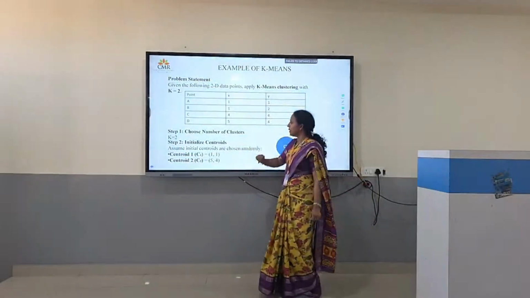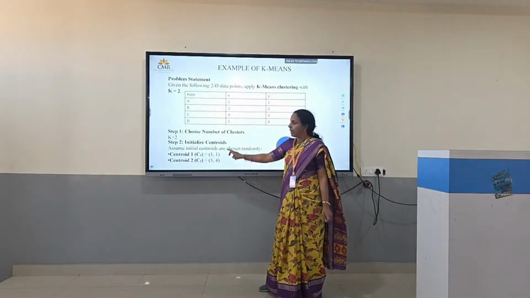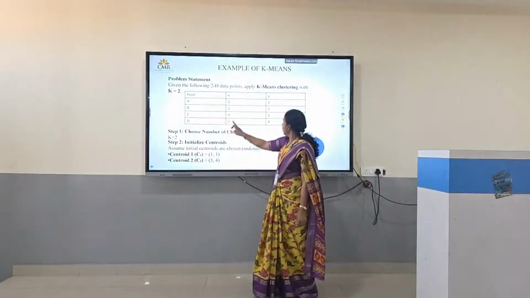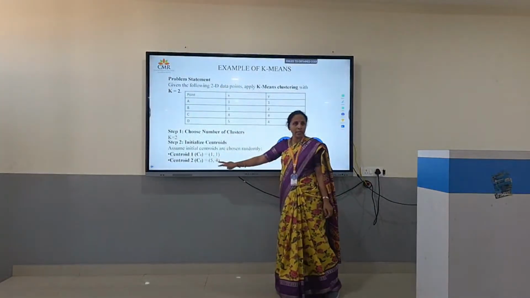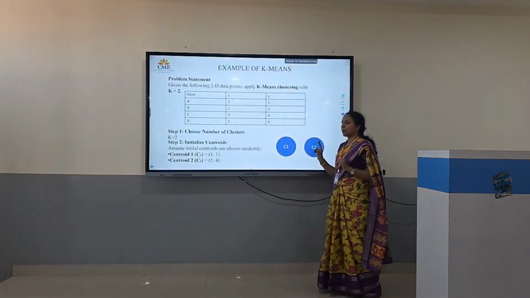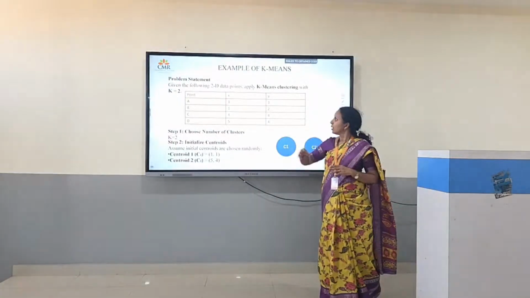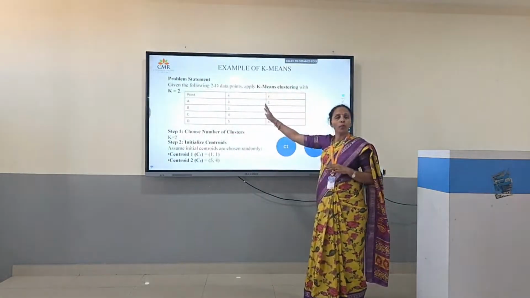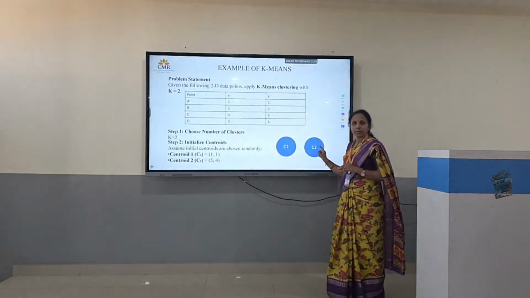Now, for this question, data point A, the value is 1, comma 1. Data point D, what is the value of D? 5, comma 4. So these 2 points are chosen as centroids for cluster 1 and cluster 2. I will repeat again. In the given question, we have to divide 4 points into 2 clusters, so we have taken 2 clusters.